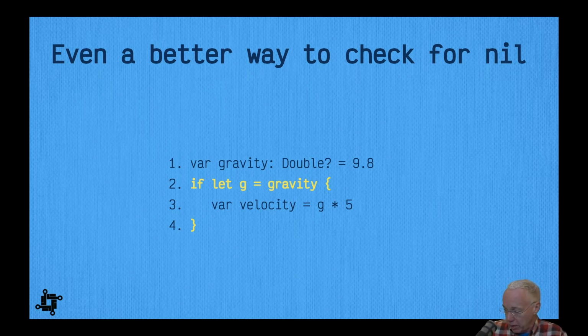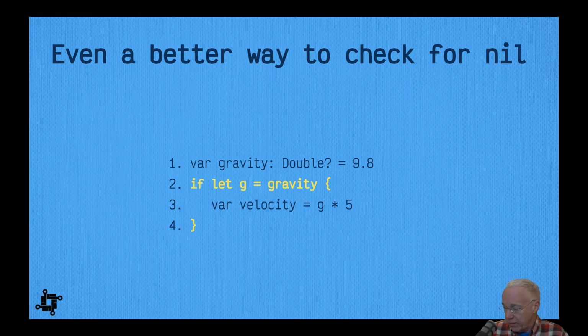So for example, here we see if let g equals gravity. So what this is saying is gravity is examined to see if it has nil. If it has nil in it, this if statement, that statement inside the if will not run.